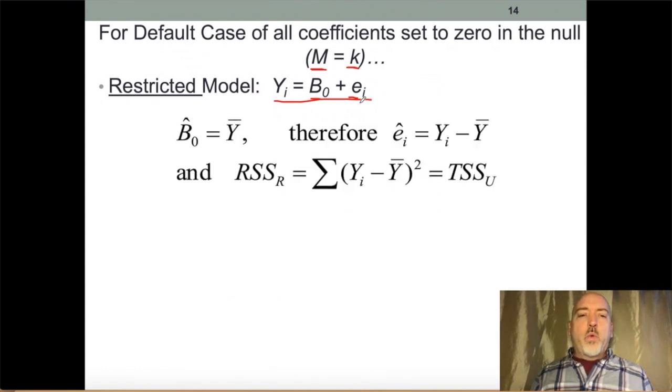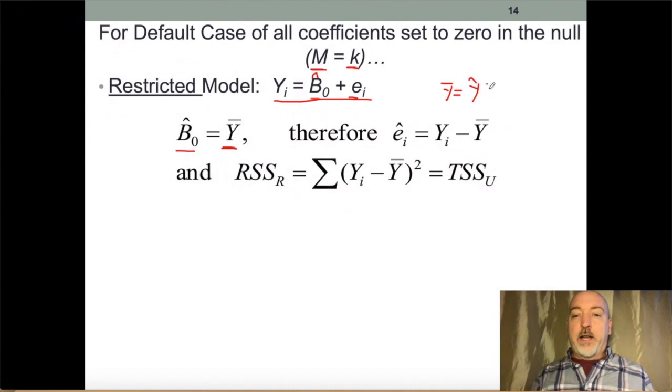Well, if we did this in OLS, the fitted value, the prediction, the B0 hat, the only thing on the right-hand side after estimation, is going to be the sample mean. So the sample mean, our y bar, is going to play the role of our predicted value, our y hat.